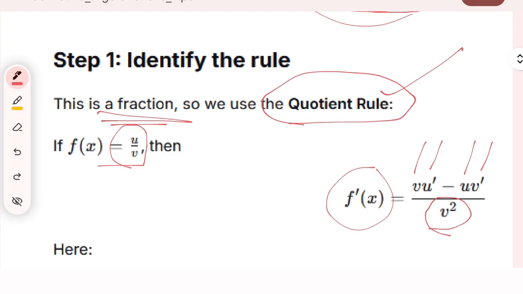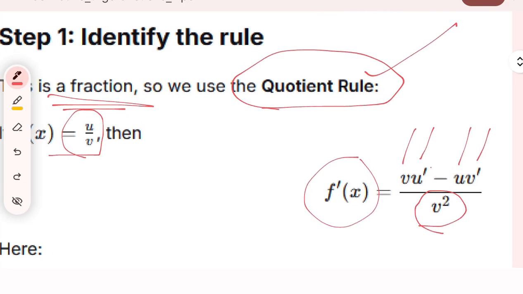It's just multiplication, but we need to have the derivative of the numerator and the derivative of the denominator computed, because both appear in the quotient rule formula.